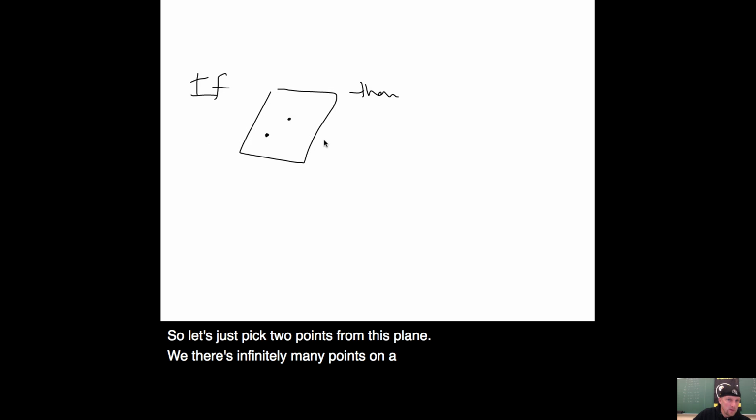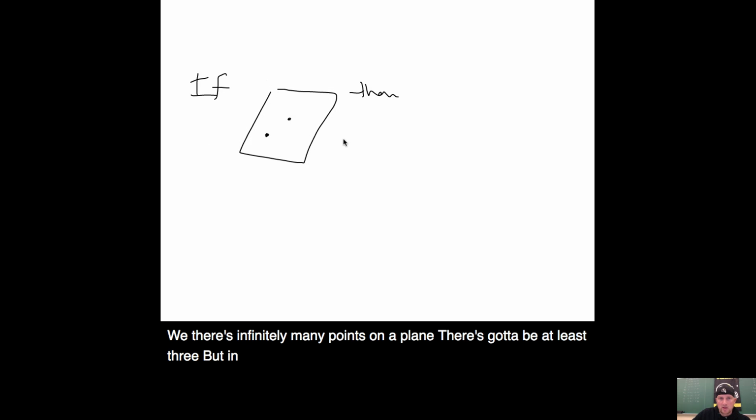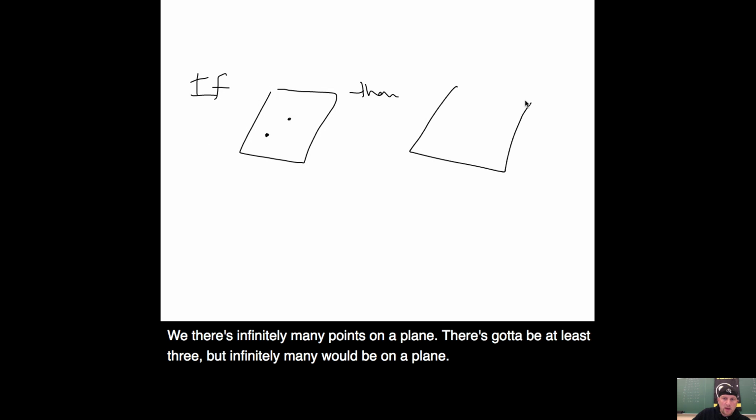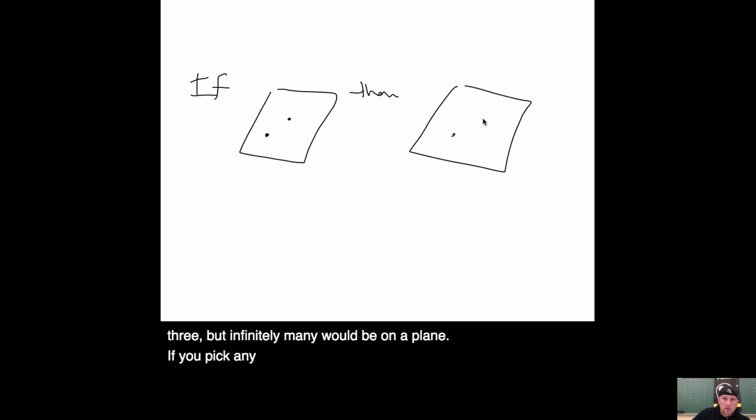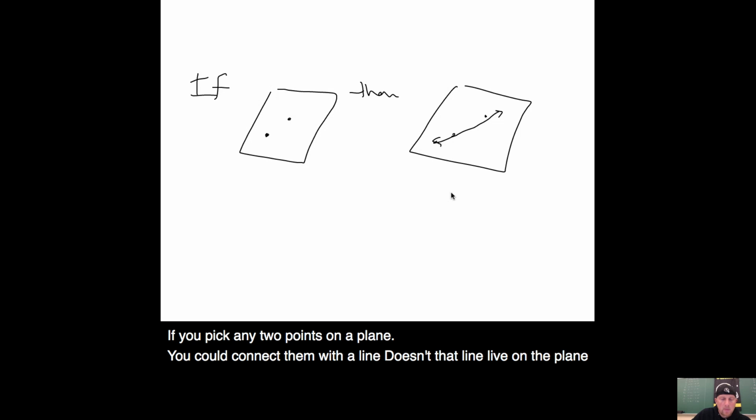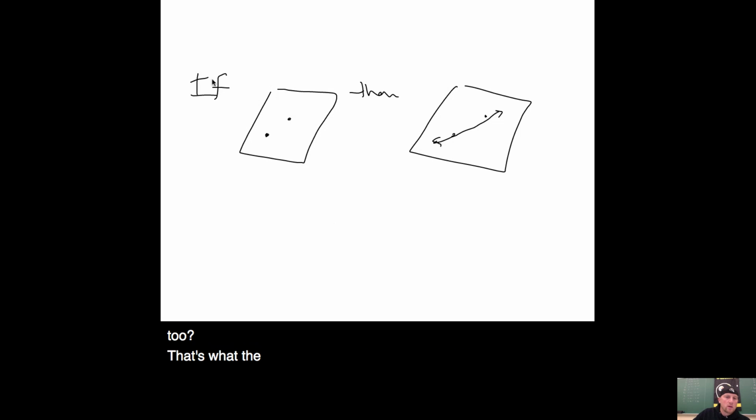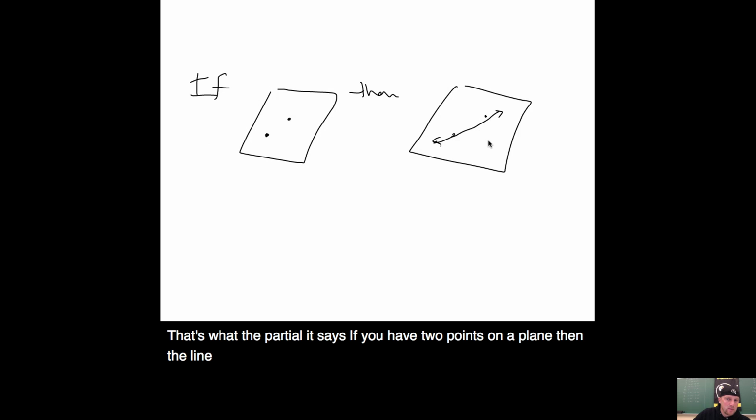There's got to be at least 3, but infinitely many would be on a plane. If you pick any 2 points on a plane, you could connect them with a line. Doesn't that line live on the plane too? That's what the postulate says. If you have 2 points on a plane, then the line that connects them is going to lie on the plane as well.